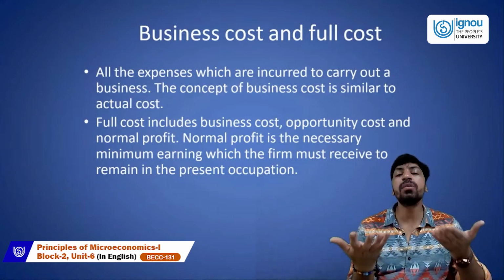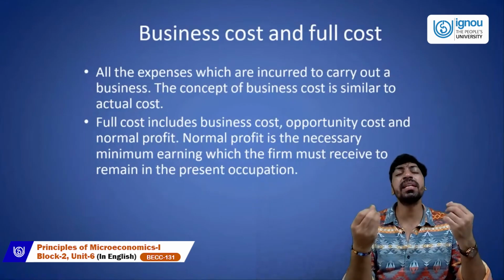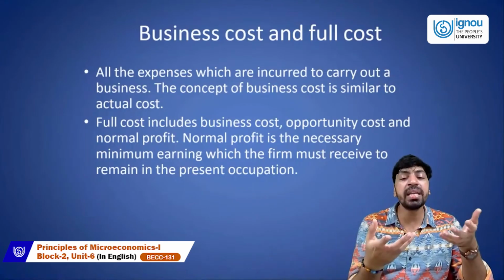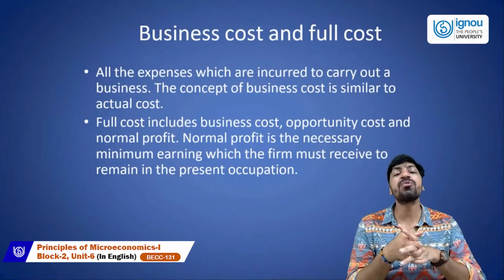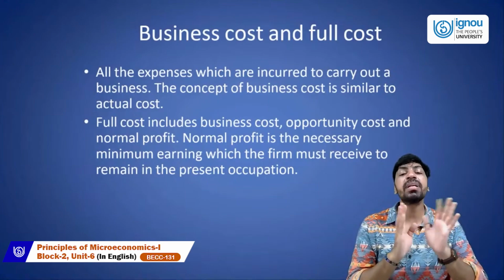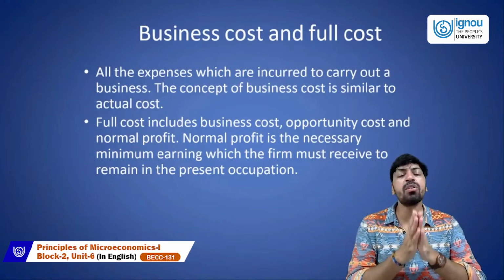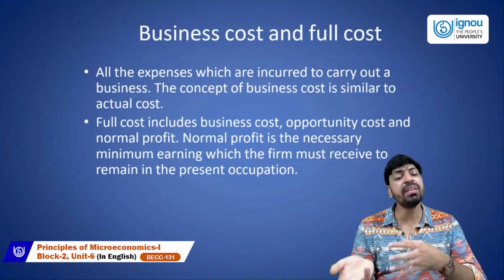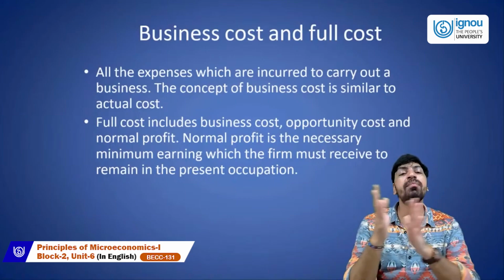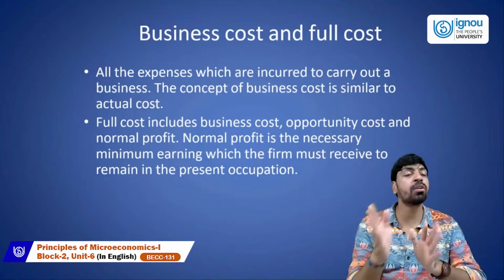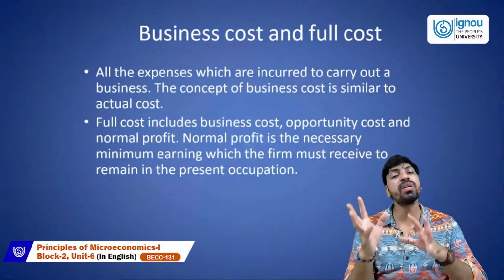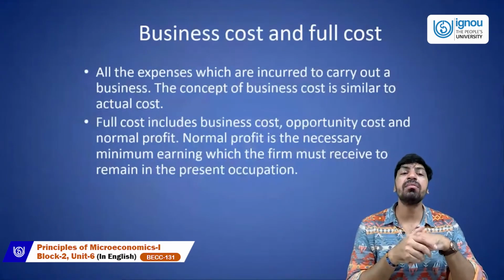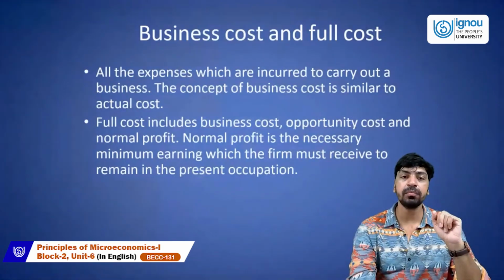But normal profit is the necessary, minimum earnings which a firm must receive to remain in its present occupation. So it's just a nominal earning that the firm needs just to remain in business, to remain in the occupation it has a main interest in. That's called the full cost.